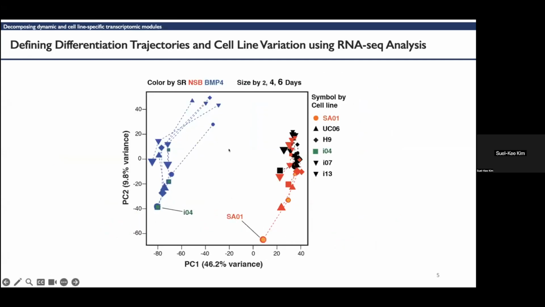Next we performed RNA sequencing analysis on cells collected at 2, 4, and 6 days across 3 conditions for all 6 cell lines.